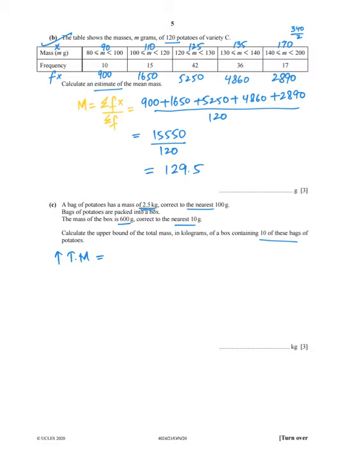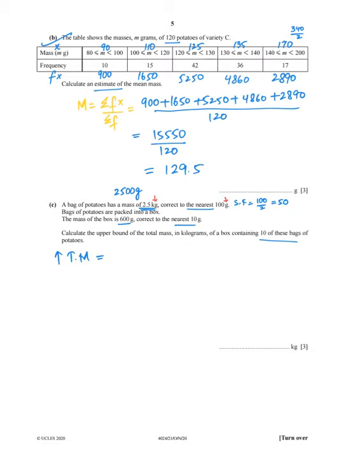Now we have a unit conversion here, because it says kg and we have grams. All the other units are in grams, so 2.5 kg equals 2500 grams. The scale factor is 100 divided by 2, which equals 50.